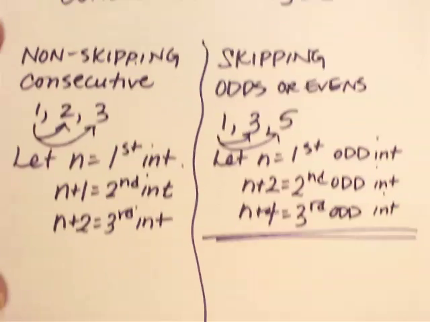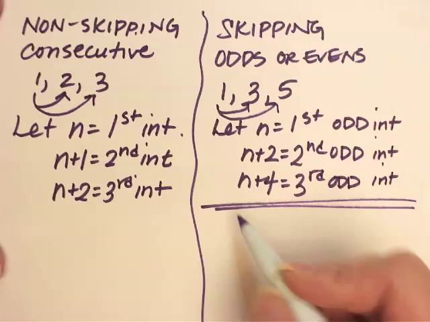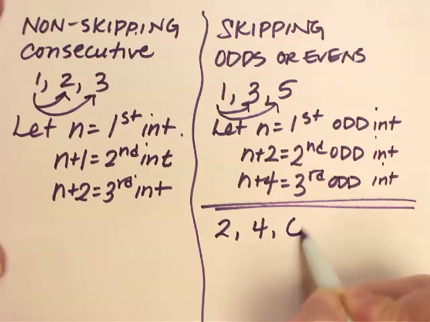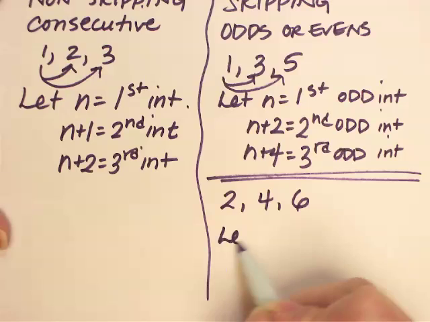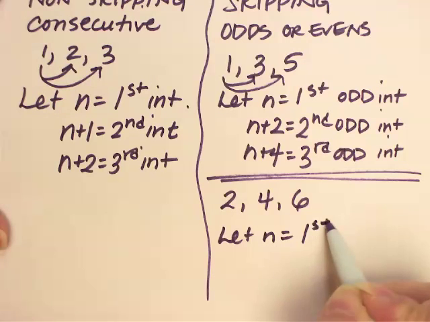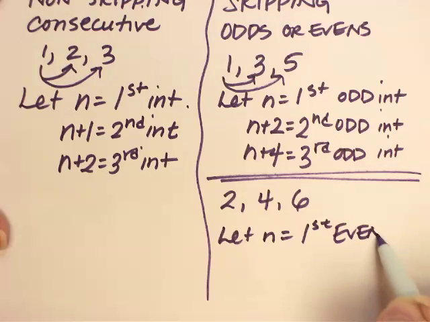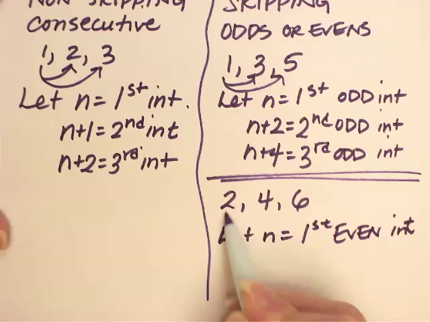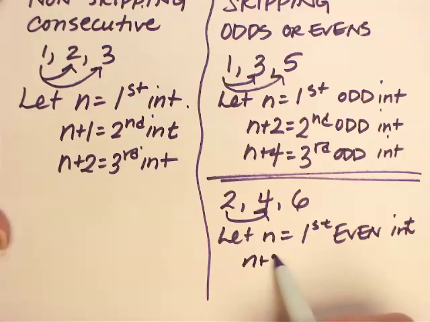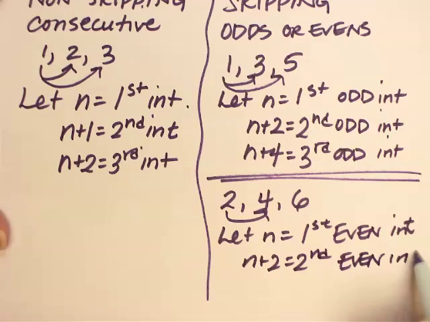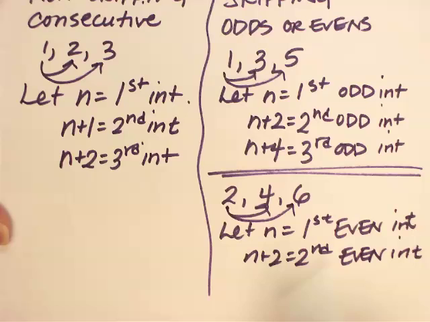And it so happens that this works as well for the evens. So let's say 2, 4, 6 is our even numbers. If I said let n equal my first even integer, what would I have to do to 2 to get to 4? I would have to add on 2. So n plus 2 would be my second even integer. And then from 2 to 6, I have to add on 4, which is my third even integer.